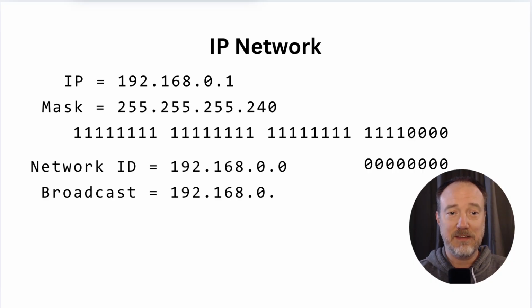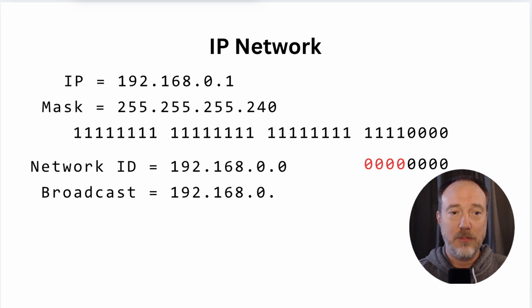When we align that with the binary for the subnet mask, the last 4 bits here are the only ones that we're focused on. The first 4 bits can't change because they align with ones in the subnet mask, which designates them as network bits. The 4 bits at the end of the subnet mask that are zeros, those are our host bits.